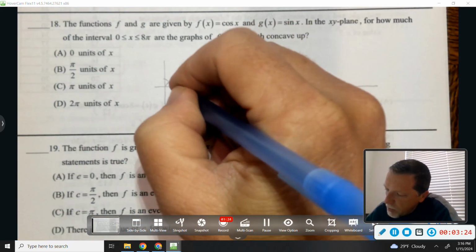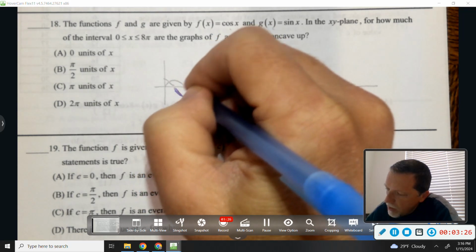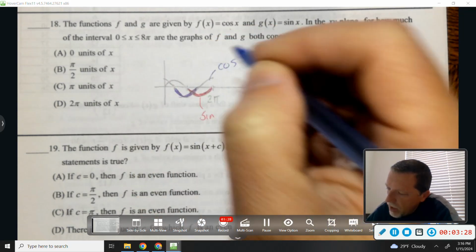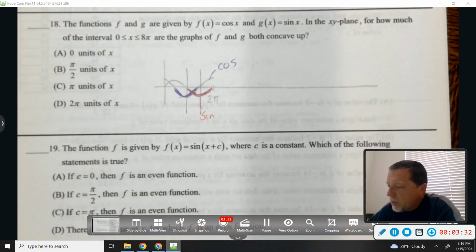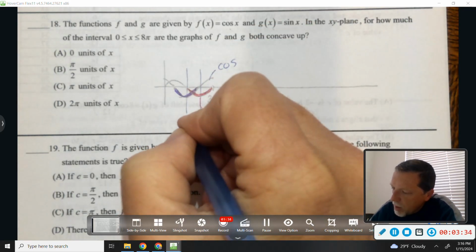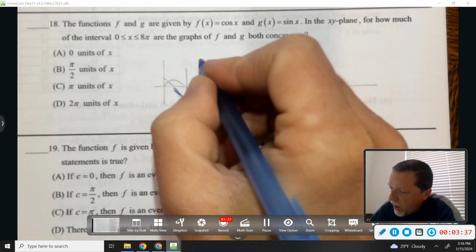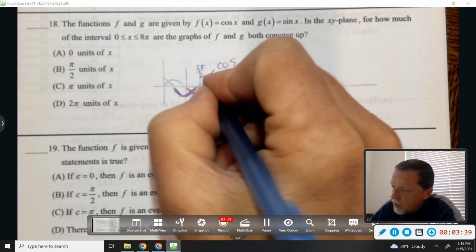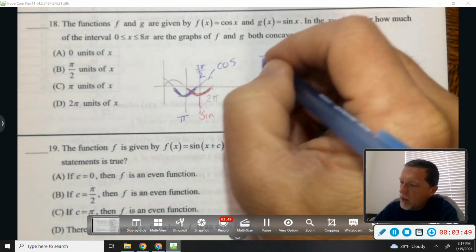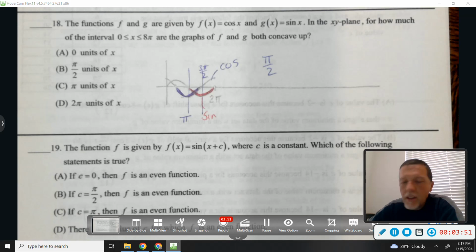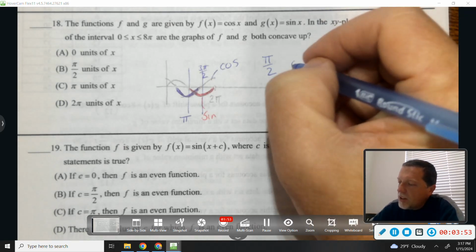It's concave up right there, and they're both concave up in between there. Maybe some labels would be helpful. That's pi. That's 3 pi over 2. So for only pi over 2 are they both concave up, simultaneously? So for pi over 2 units, but that's on 0 to 2 pi.